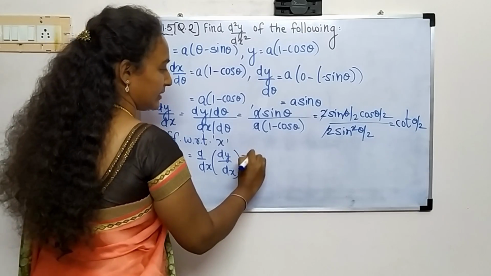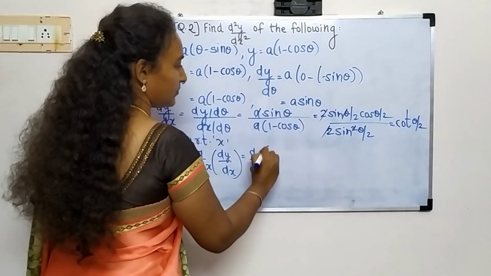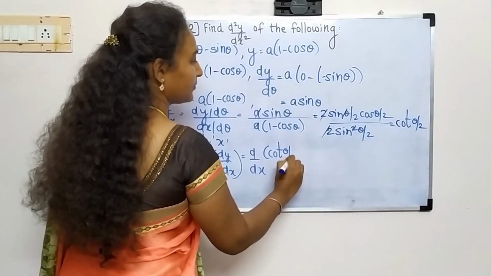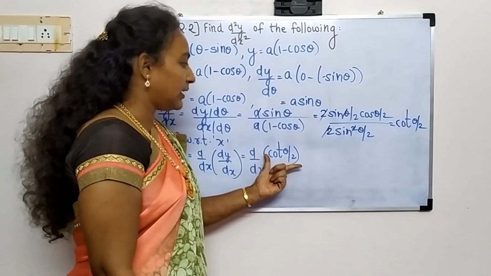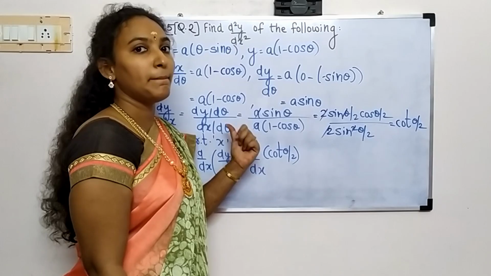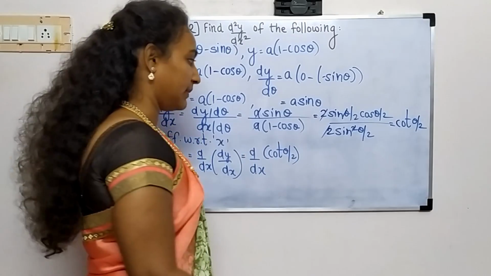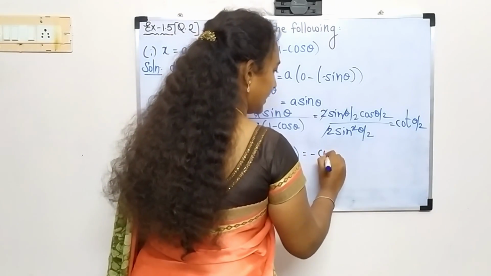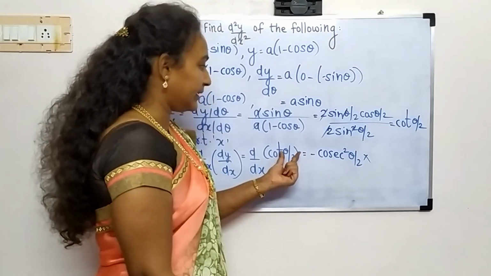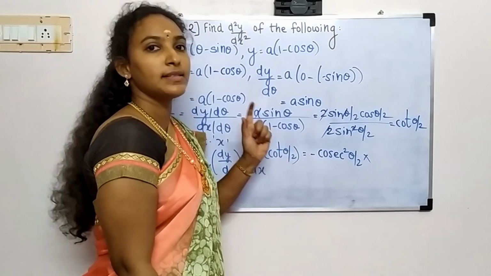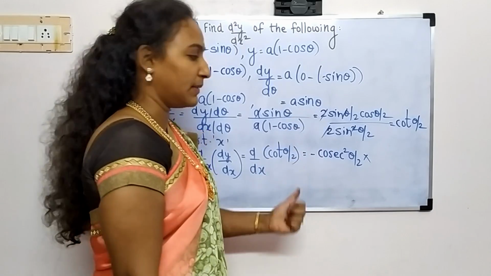That is d by dx of cot theta by 2. This is a composite function and the derivative of cot theta by 2 is minus cosec square theta by 2, and the derivative of theta by 2 is half into d theta by dx.